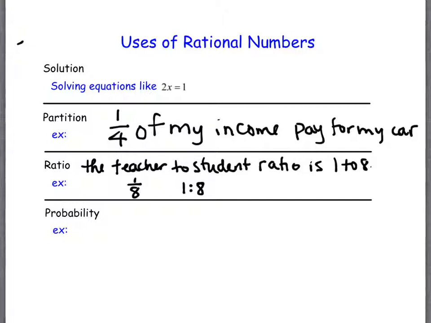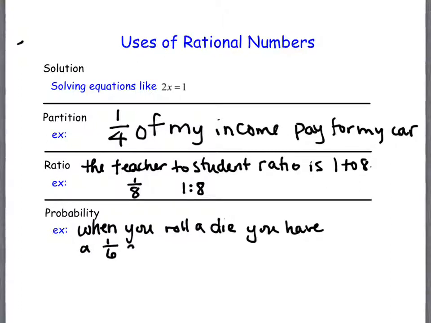And then a fourth way to think about it, or a fourth use for rational numbers, is with probability. Probability is when we talk about how likely something is to happen. It's going to be very likely, it's going to be not very likely, those kinds of things. So something like this, when you roll a die, you have a 1/6 chance or probability of rolling a 4.